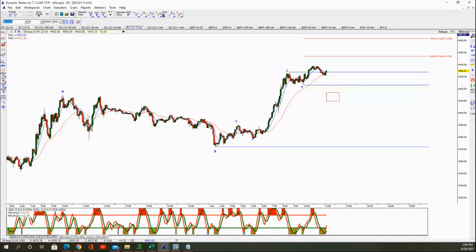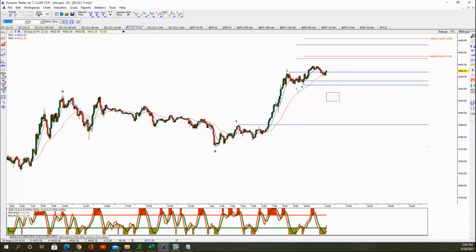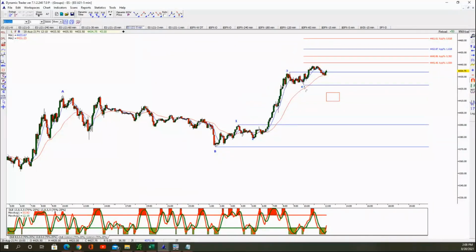So the other tool we can use is 5 versus 1. You get another target right here, and a 1.27, 161.8 extension.